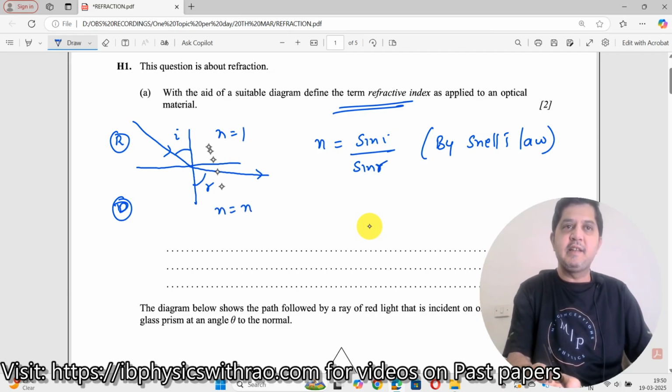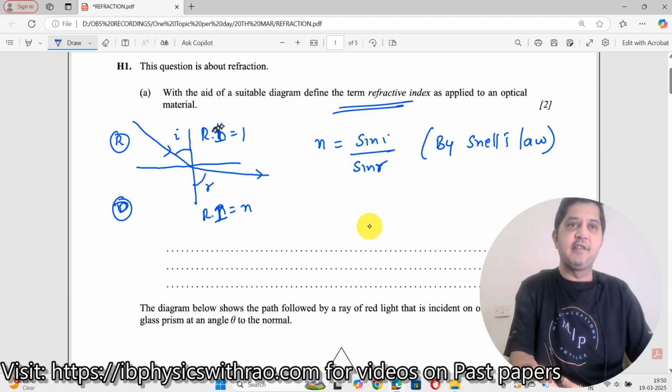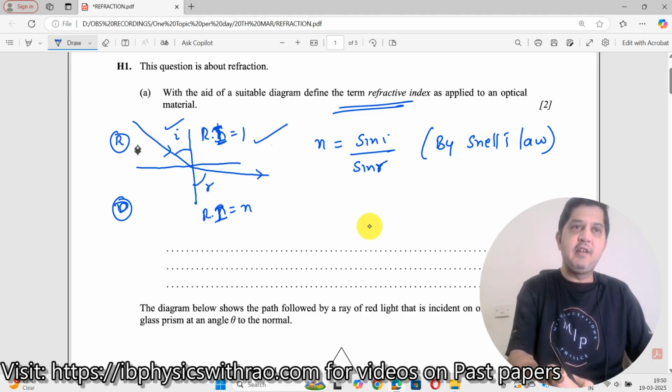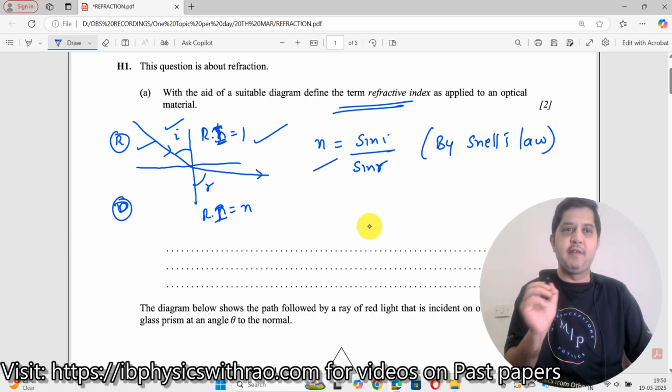Either you can put it like this, or you can say refractive index equal to 1 and refractive index equal to n. This is also equally acceptable. In fact, these parameters are very essential. You have to put this parameter, this parameter, this one, and finally this one. Okay, this is how you can define your refractive index.